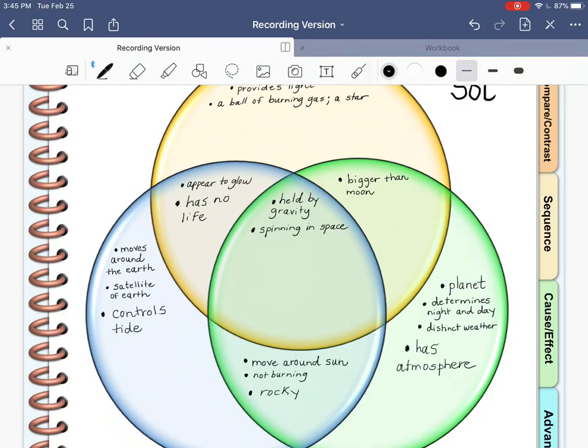Too hot. That is the sun only. Which one of them is too cold for life? That is the moon only. Again, that's related to atmosphere or lack of it.